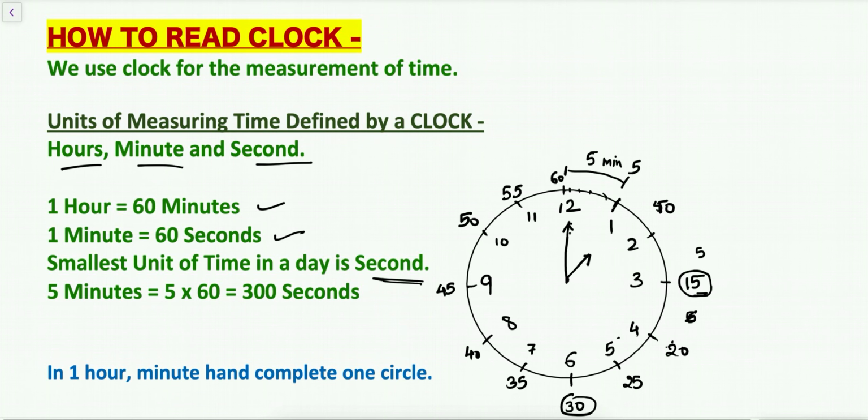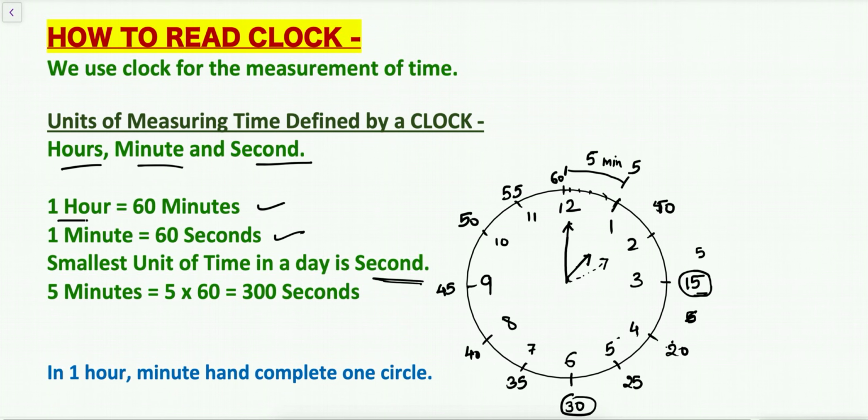So when the minute needle completes the full circle, like 5, 10, 15, 20, 25, 30, 35, 40, 45, 50, 55 and 60, then only this hour needle will move. Then it will move to 2. Then the time will be 2 o'clock. After completing 60 minutes, the time will be 2 o'clock.